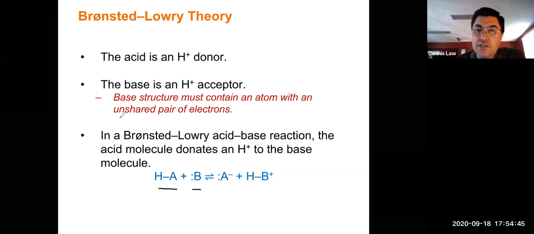It has an unshared pair of electrons which can accept that H plus ion, and then it becomes HB plus. And then you have this A minus here. So the Bronsted-Lowry definition defines it in terms of donating or accepting a proton.